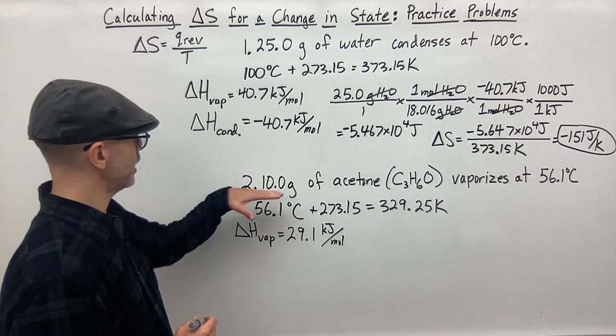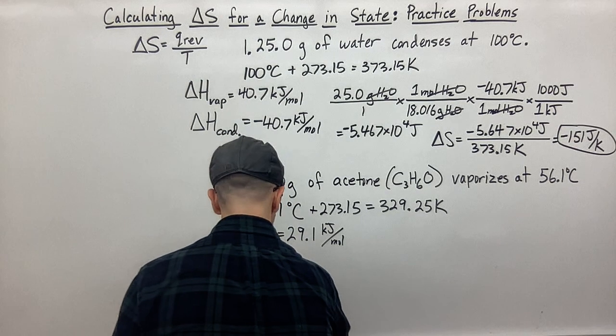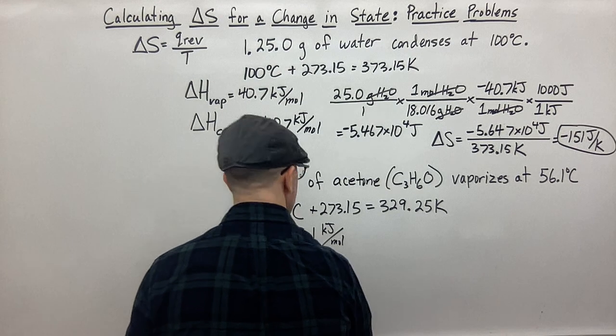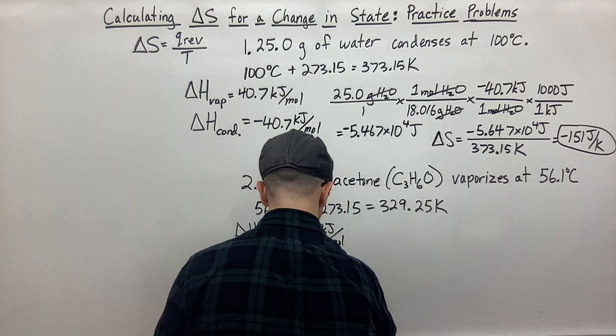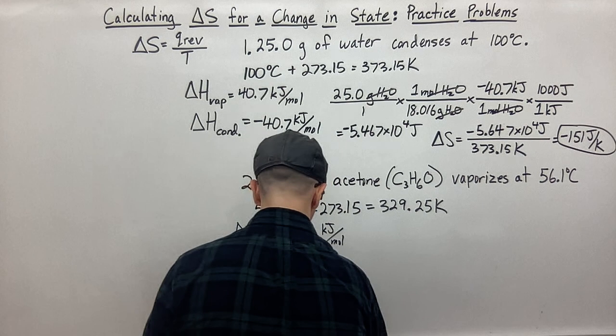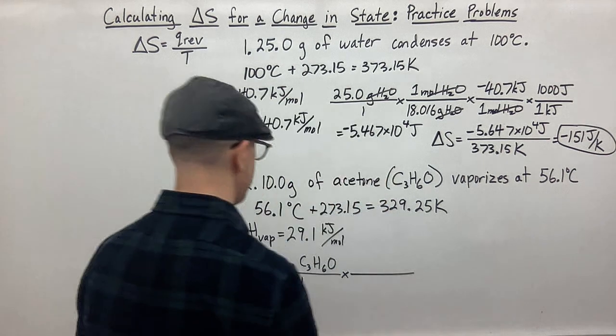So now I'm going to take my 10 grams. I do my conversion: 10.0 grams of my acetone, C3H6O over 1. I'm going to multiply that by its molar mass.